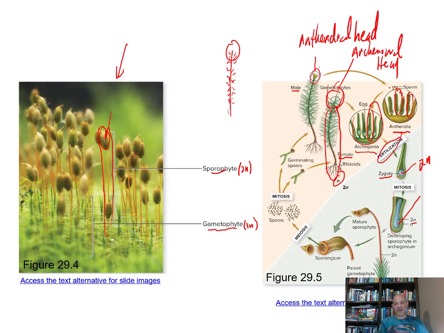The cells of the archegonium, which is part of the female gametophyte, those are haploid. Okay, so the diploid sporophyte begins to grow out of the haploid gametophyte and eventually turns into this stalk here and a capsule.